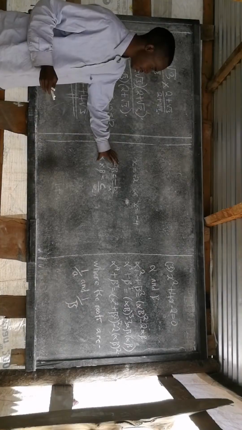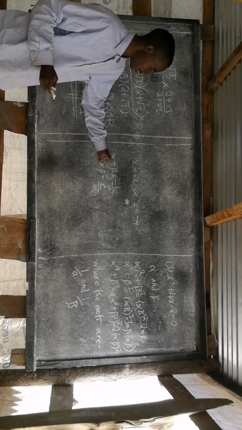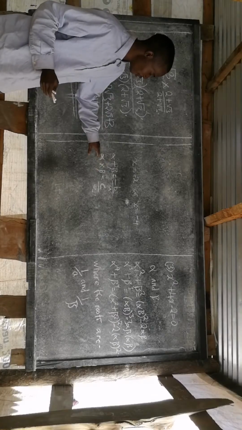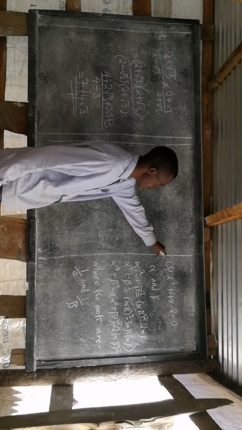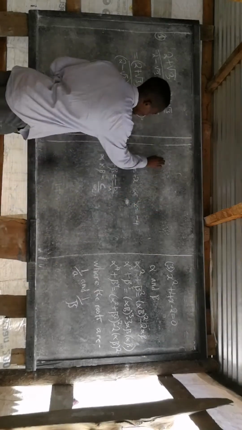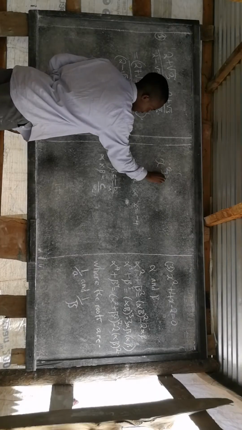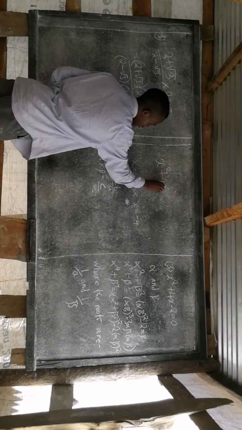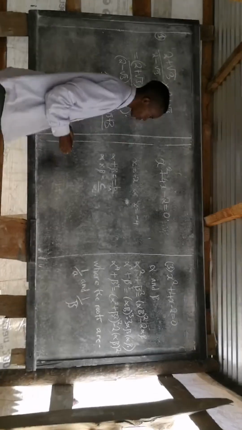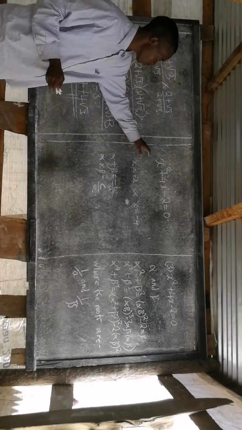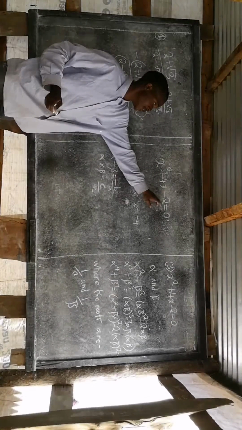This is the formula we use to find the roots: alpha plus beta, and alpha times beta is c over a. When you look at the equation they have given us, it is x to the power 2 plus 4x minus 2 is equal to 0. So x squared plus 4x minus 2 is equal to 0.